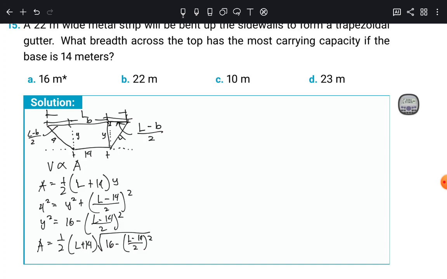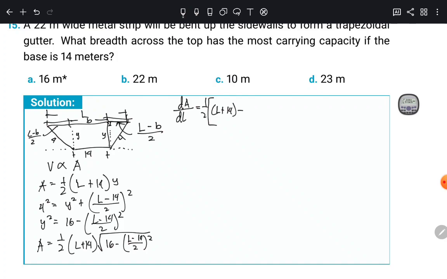So we take the derivative of that area with respect to L. This is a product. First, we can just remove the 1/2 and put it here. Then copy L + 14, then multiply this with the derivative of the other one.